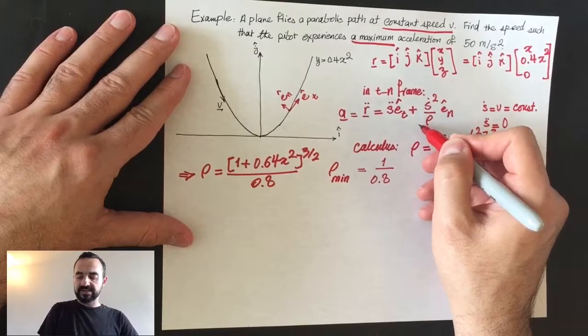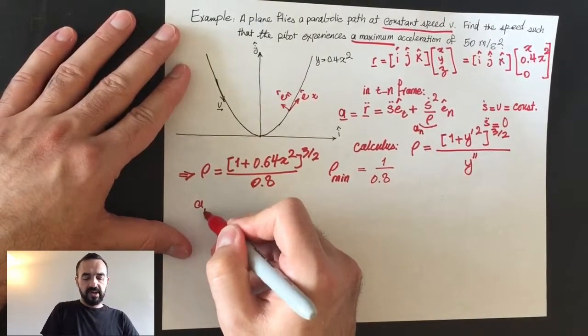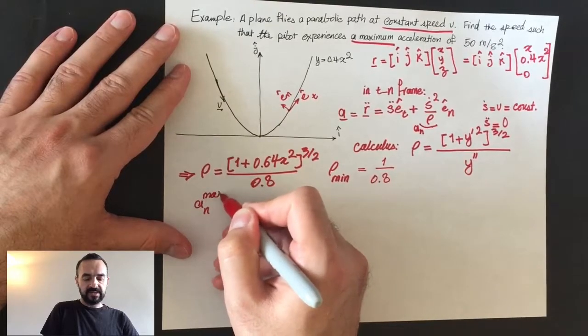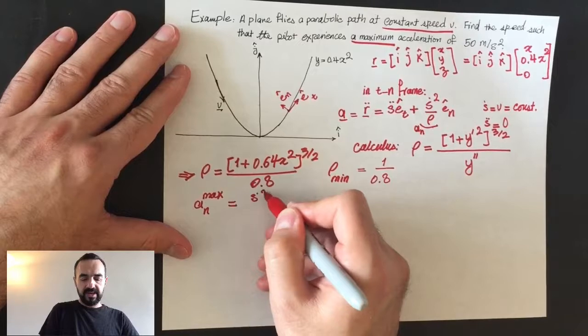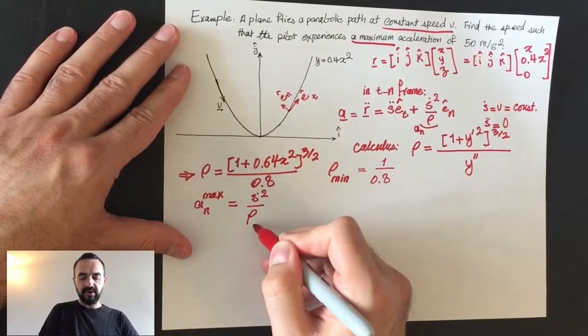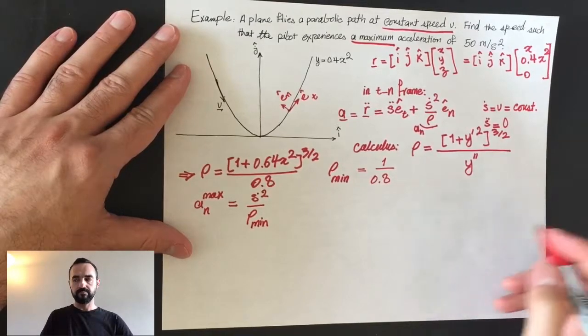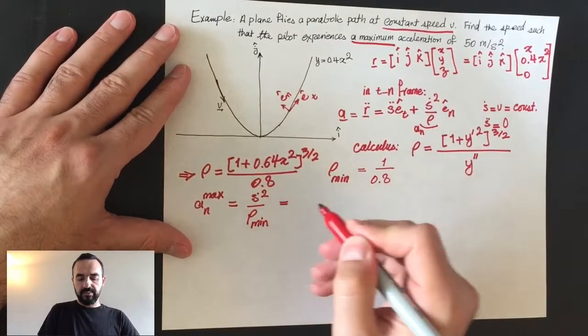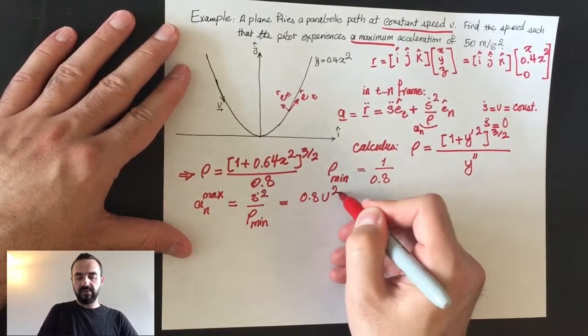A sub n maximum occurs at s dot squared divided by rho minimum. Right? Therefore it is equal to 0.8 v squared.